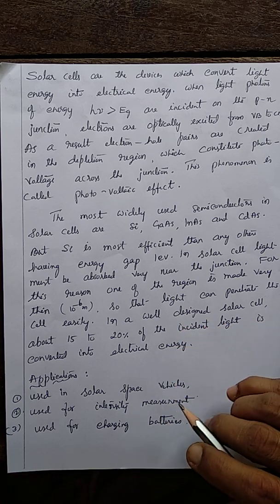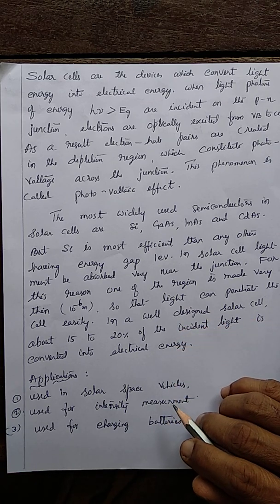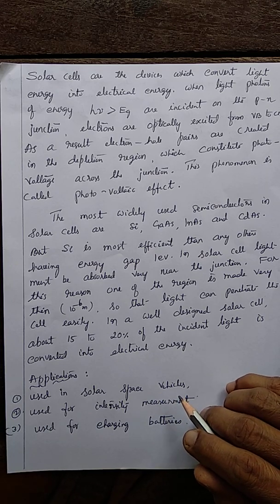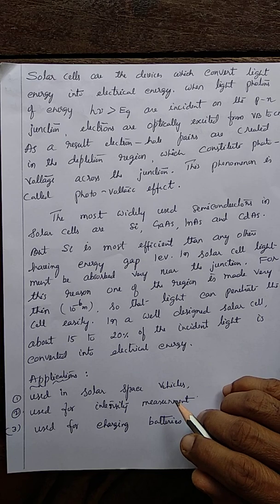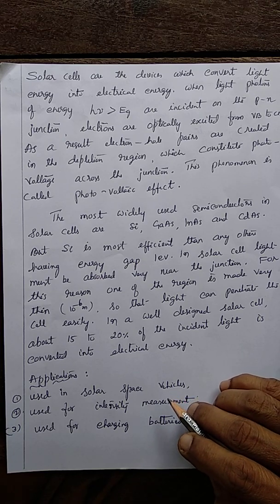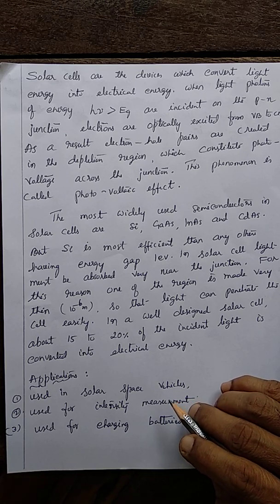As they move, electron hole pairs are created in the depletion region. This constitutes photovoltage across the junction. This is how light energy is converted into electrical energy in PN junctions, which are called solar cells. And the effect is called photovoltaic effect.